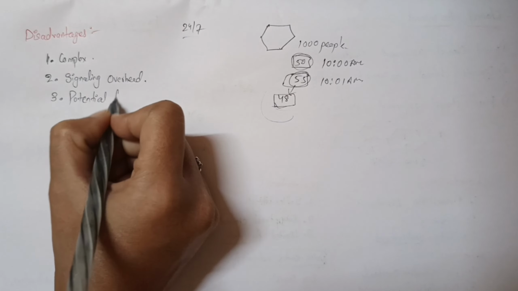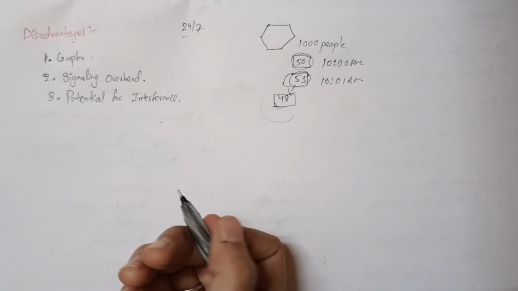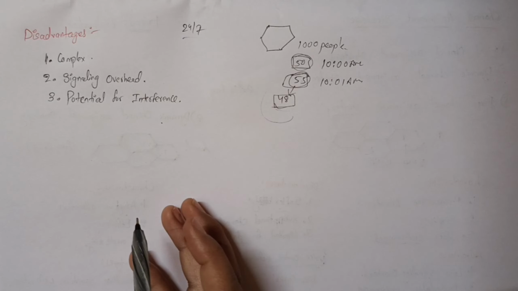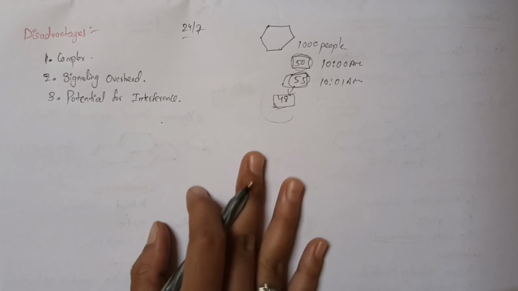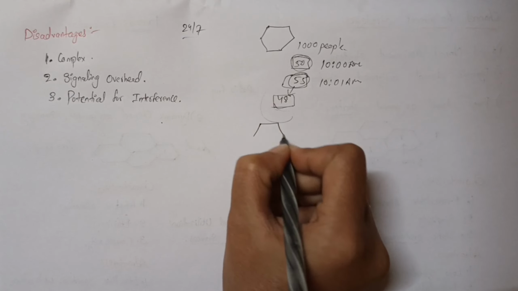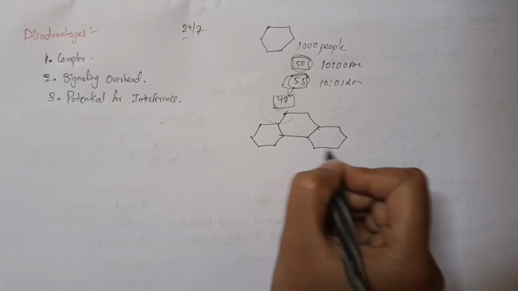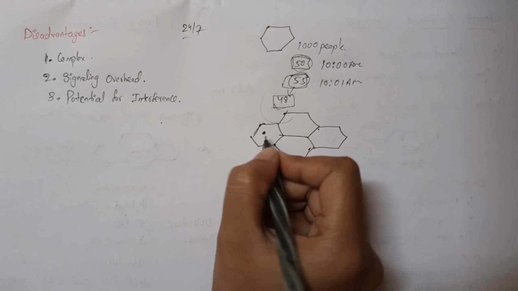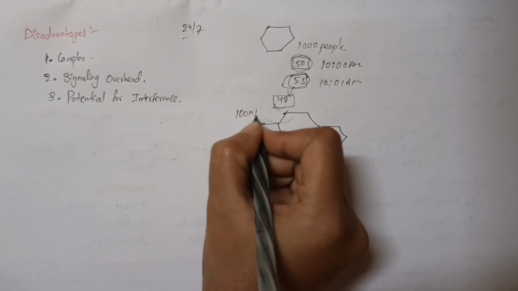Now the third disadvantage is potential for interference. While this dynamic channel assignment optimizes the channel allocation, it must carefully manage the interference also to maintain the call quality, because interference may decrease the call quality. Because let's say here in this cell a user is allocated a frequency of, let's say, 100 megahertz.